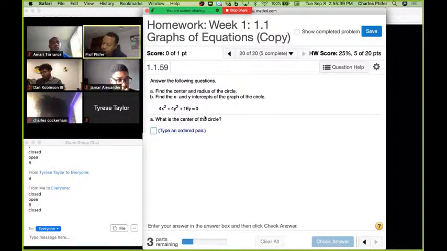So this is question 20. It comes from section 1159. A says to find the center and radius. And then B says to find x and y intercepts.